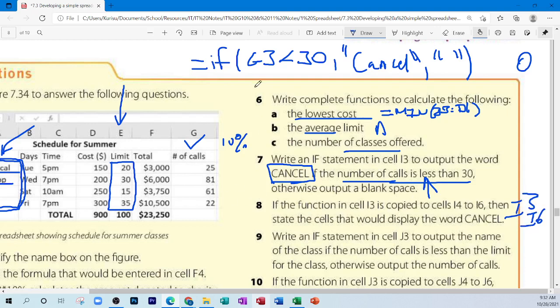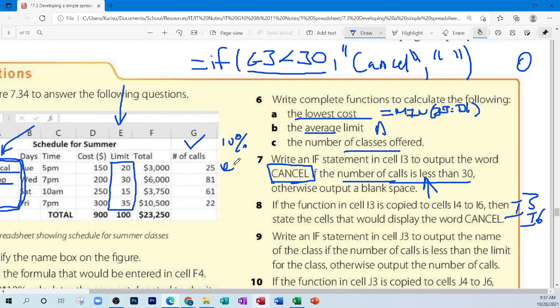Alright, so let's look at it. So, what is it asking? If it is less than 30, this is our test. If the calls are less than 30, we're going to see the word cancel. And that's what the question's asking. State what cells would give you cancel. So, 25, is it less than 30?